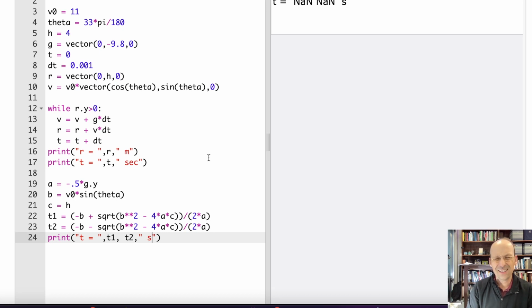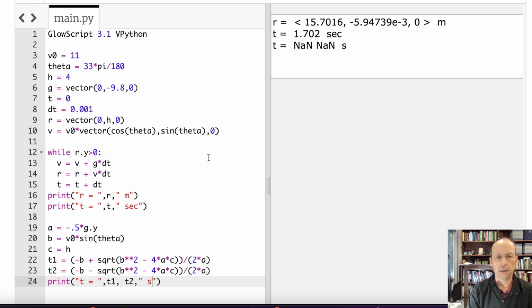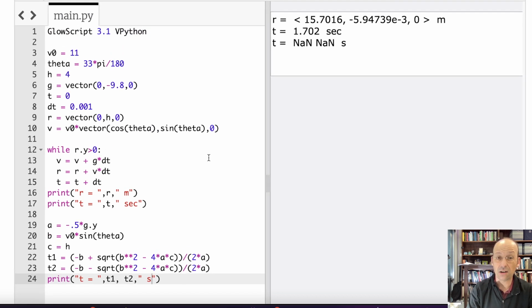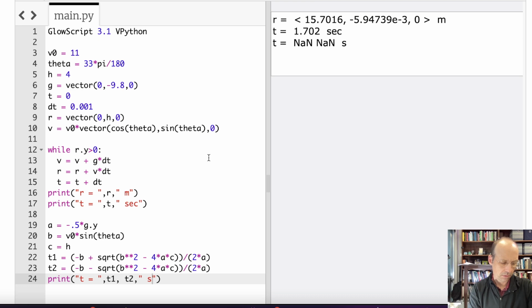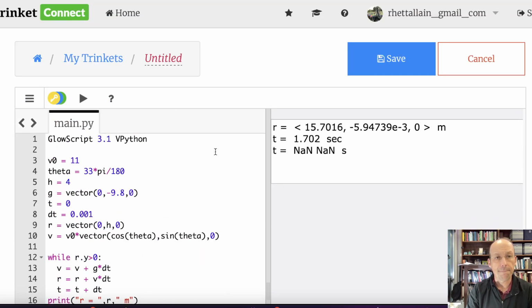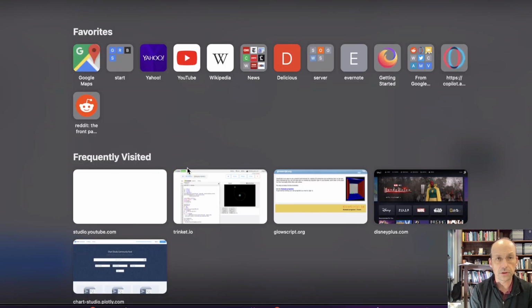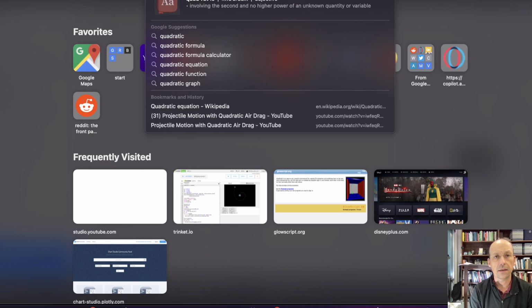Did I get the quadratic equation wrong? It's negative b plus or minus square root of b squared minus 4ac. I did get an error, not a number. Okay, let's see. What did I do? Let's just double check the quadratic equation.